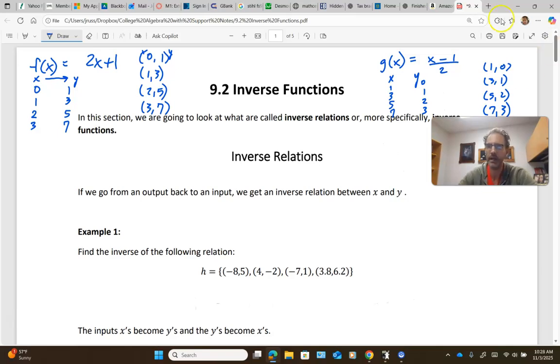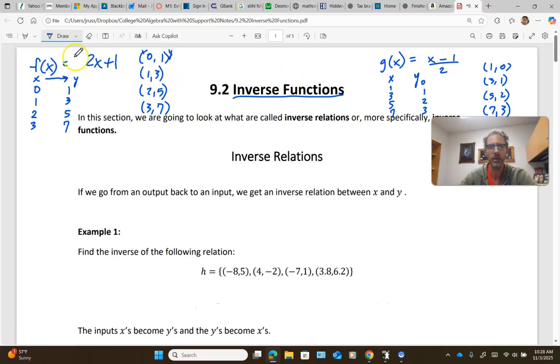Hopefully you've noticed that these ordered pairs are just the opposite of these ordered pairs over here. Okay? In other words, the outputs of f are the inputs of g, and the outputs of g are the old inputs of f. Okay? So these are two functions that are examples of inverse functions.